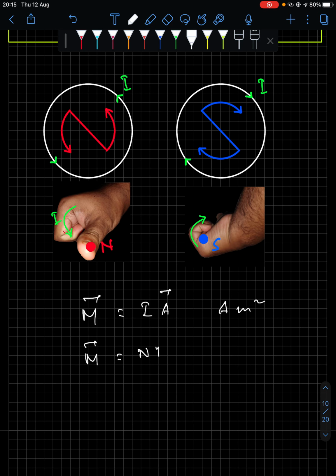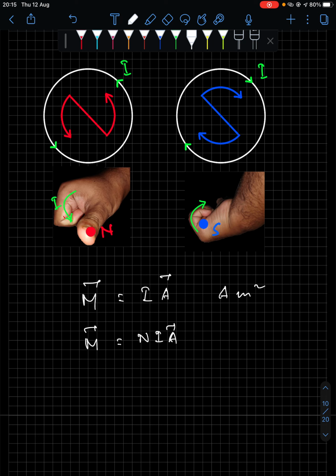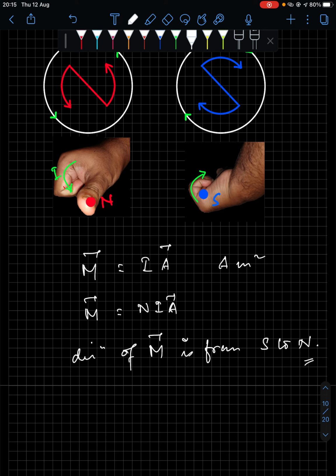For N turns, this relation will become NIA. The direction of the magnetic dipole moment vector m is from south to north. This is very, very important. You need to remember this. We'll come across this again in the next chapter.